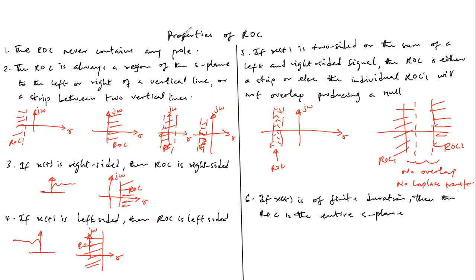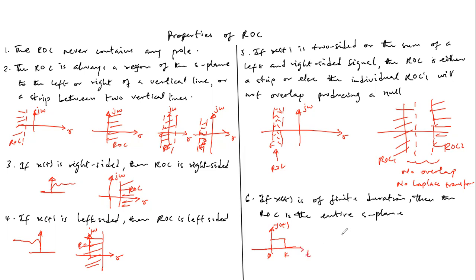So let's assume we have a signal of finite duration. Okay, so this is s of t. So let's say this is 0, this is k.